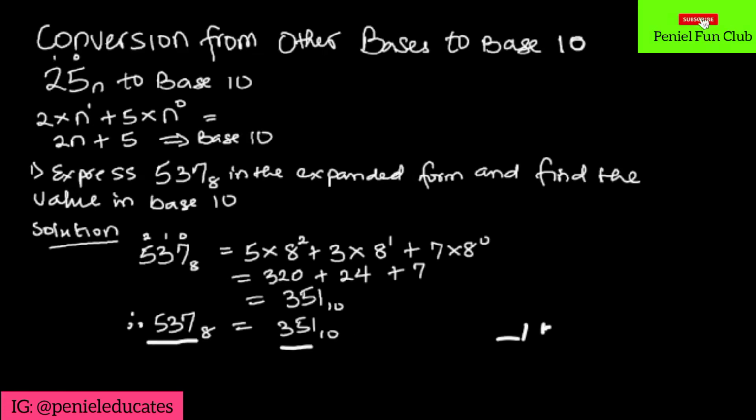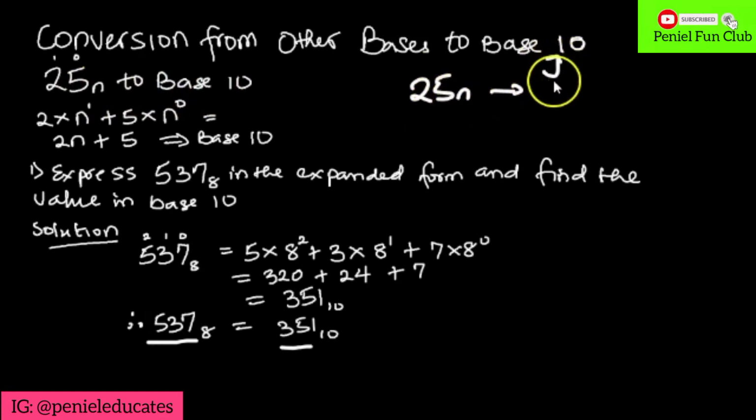All right, so let us look at conversion from other bases to base 10. How do we convert from other bases to base 10? So this that you see here, 25 base n to base 10, that is what we are doing. What do we need to do to start?